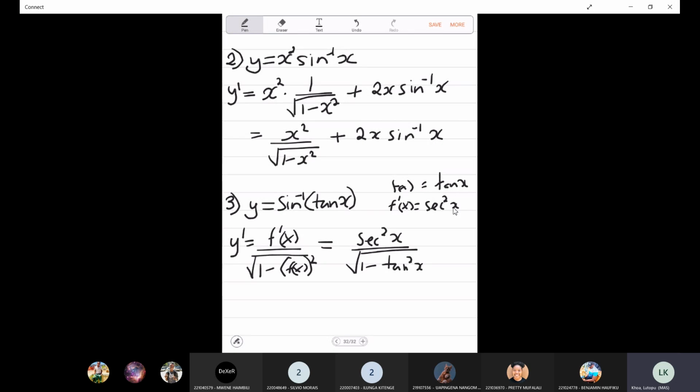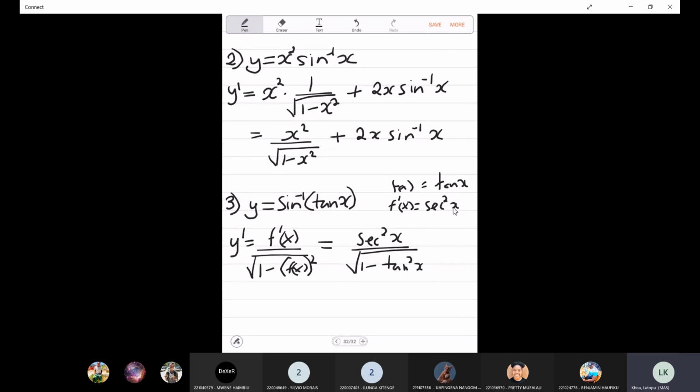Sometimes you may get identities in the denominator, but here 1 minus tan squared is not an identity, so we can just leave it like that. Okay, so that is the derivative of sine inverse of tan x.